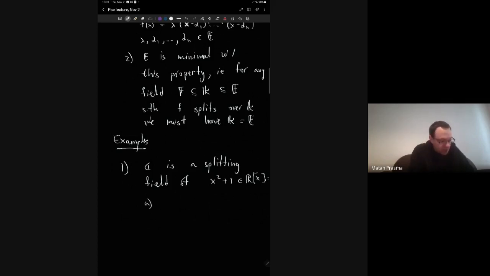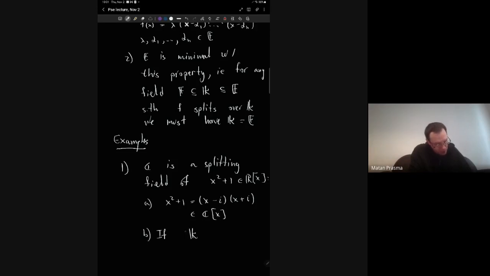First, I want to see that this polynomial splits, but that's easy. x squared plus 1 equals x minus i times x plus i in C of x. So the polynomial indeed splits.